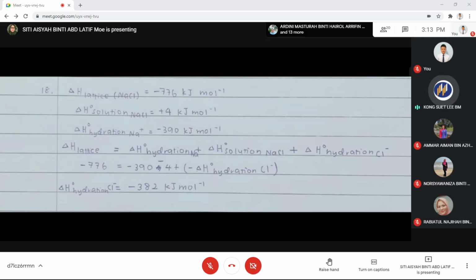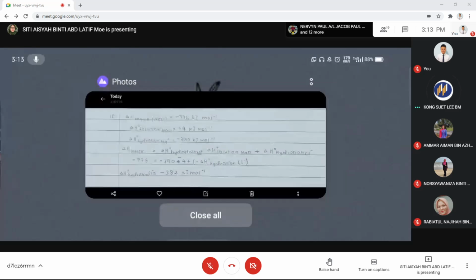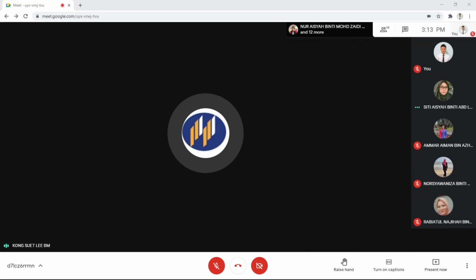Okay, what? Madam, give time for you to go and snap, then snap first. Okay, we do 19 first. You go and snap, then present later. So question 19 first. Nur Aisyah first. Siti Aisyah, go and snap your energy cycle. Okay.